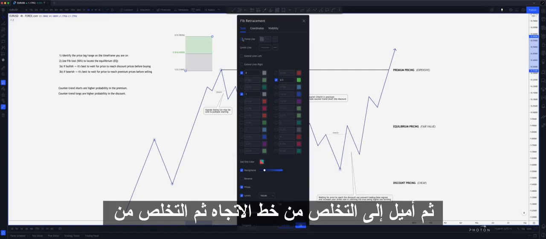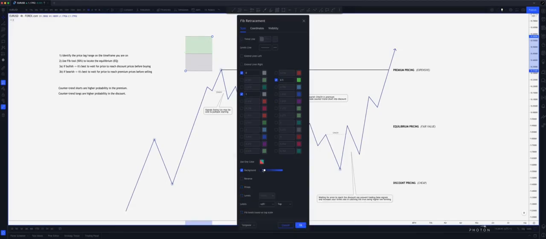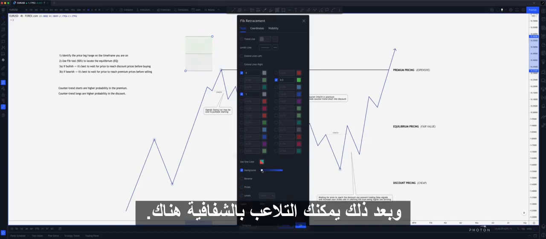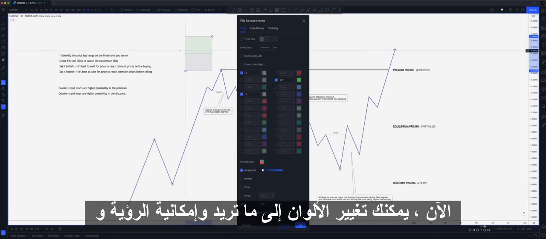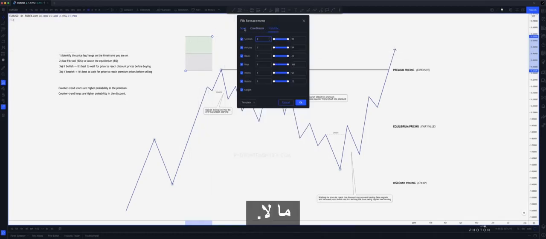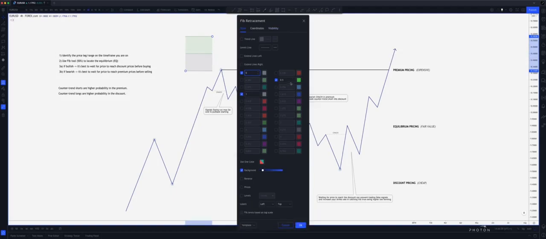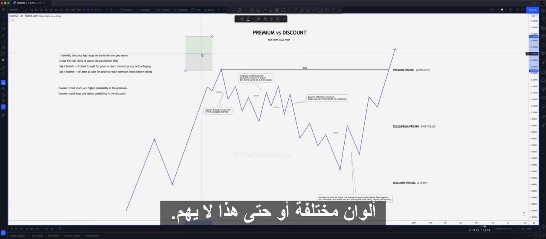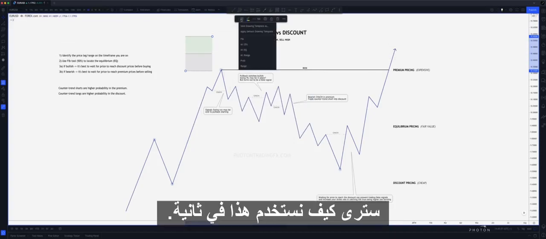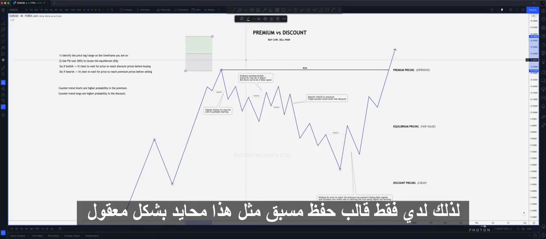Then I tend to get rid of the trend line, and get rid of the prices and the levels as well, and then you can play around with the transparency there, right? So that's essentially all you want. Now you can change the colors and visibility and whatnot, but essentially all you want is 0, 1, and 0.5, and then make sure the top half and the bottom half are slightly different colors. Well, even that doesn't really matter. You'll see how we use this in a second. So I just have a pre-saved template like this, with reasonably neutral colors.